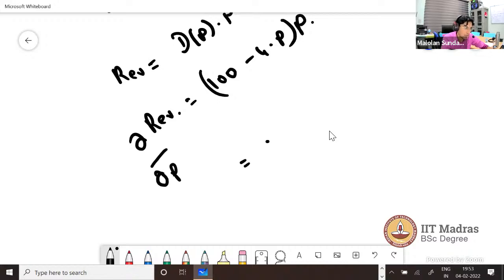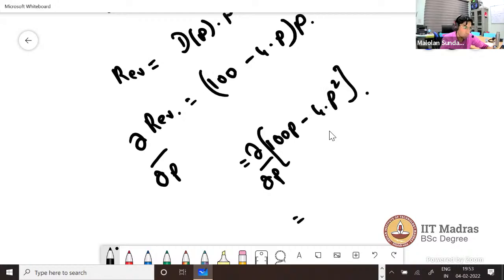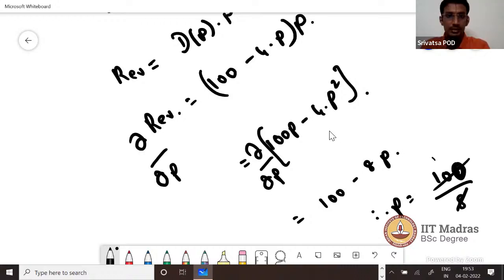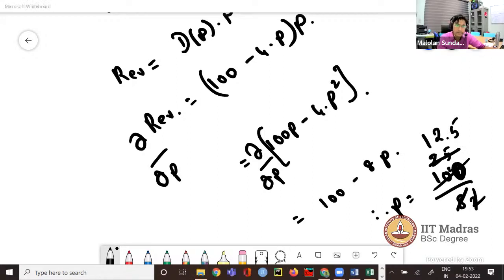So if we do that, this will become 100 minus the derivative of 4P squared, so that will be 100 minus 8P. So your P is going to be 100 by 8. So P will be 12.5 in this case. That will be your answer for your P star.